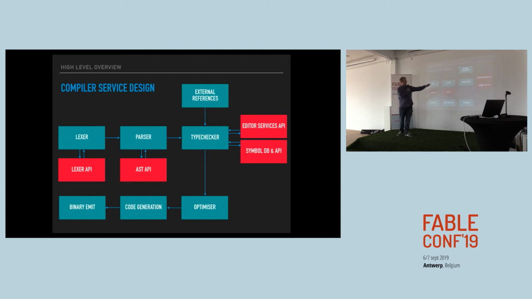Then we have the type checker, and on top of the type checker we have two basic APIs. One is the Editor Services API, and Editor Services are basically used by all editors. And there is also the Symbol API and the typed abstract syntax tree API.